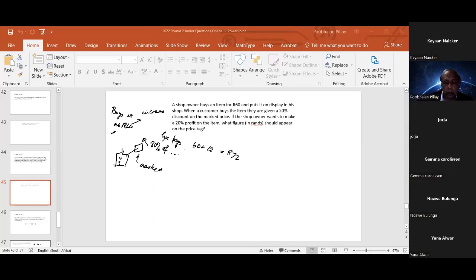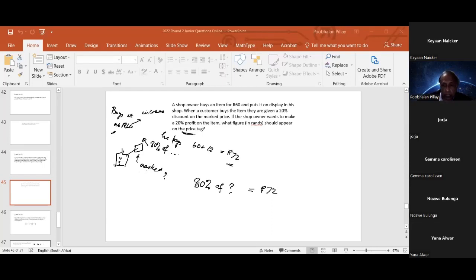But now we know that this 72 represents 80% of the marked price. So your question is, what figure appears on the tag? 80% of whatever it is equals 72 rands. That's the point.